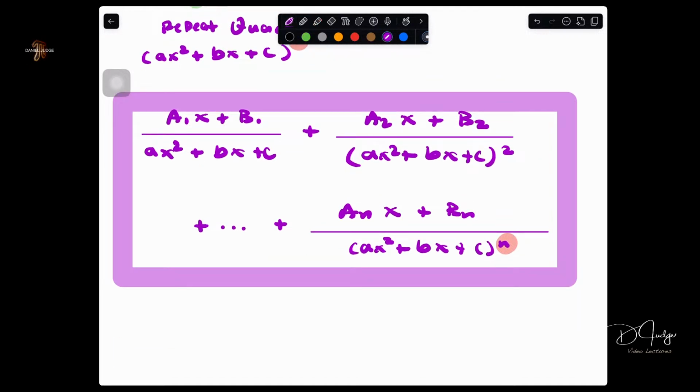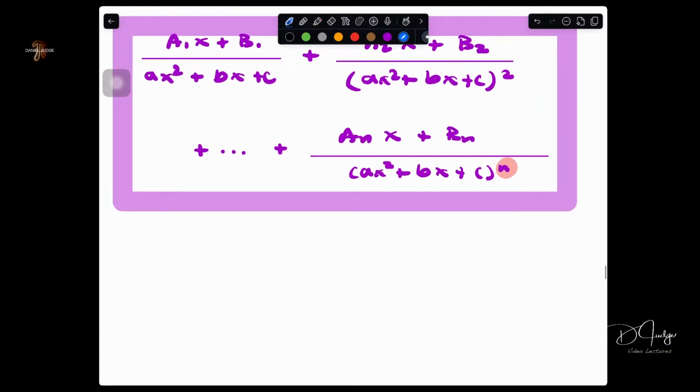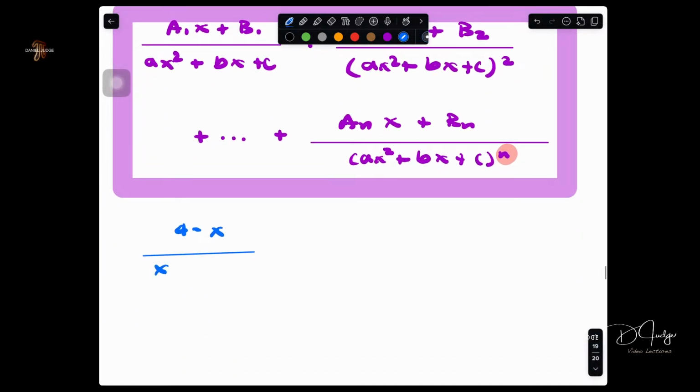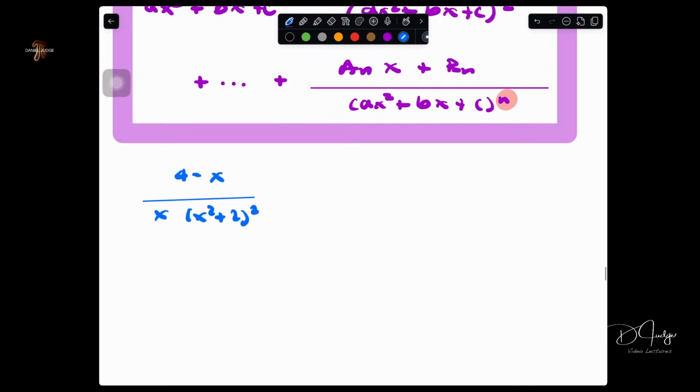So what that looks like here will be 4 minus x over x times x squared plus 2 to the second power. For the linear term, that's just A over x.